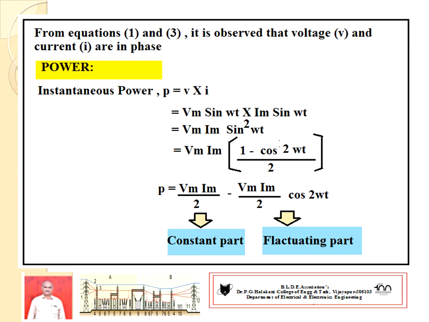Sin square theta you replace with (1 minus cos 2 theta) divided by 2. Hence we get two terms. One is Vm Im by 2, second is Vm Im by 2 cos 2 omega t. The first term is referred to as the constant part, the second term as the fluctuating part.